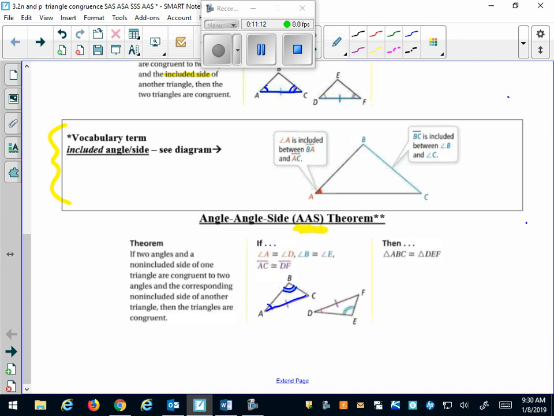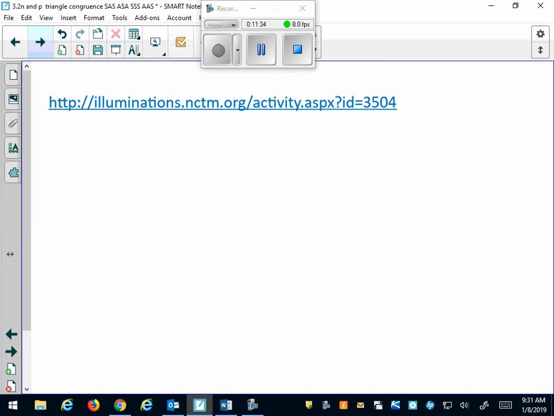We could have used side BC, because AAS will work with either of those. All right. So I know that may not make too much sense yet. This takes practice, and I think as we go along, you'll understand a little bit more about why this makes sense. Okay, so let's turn the page.